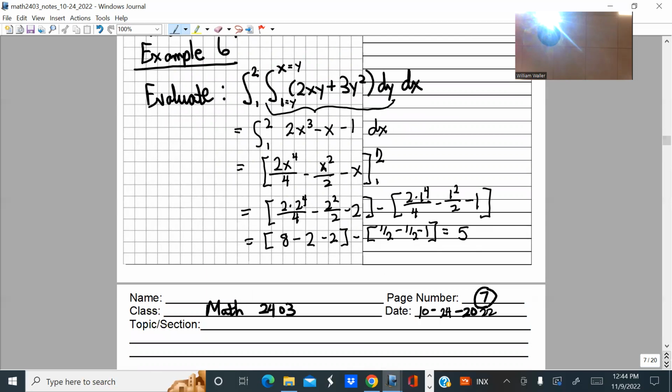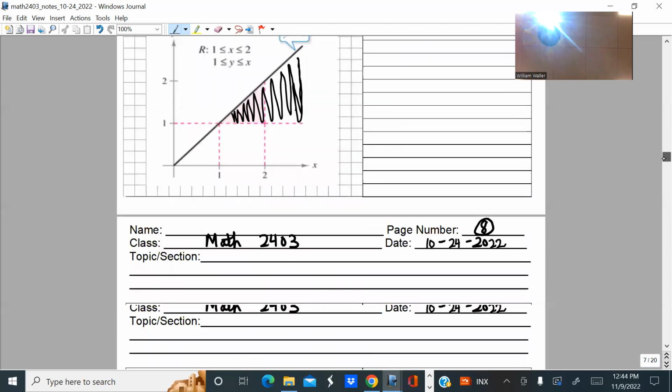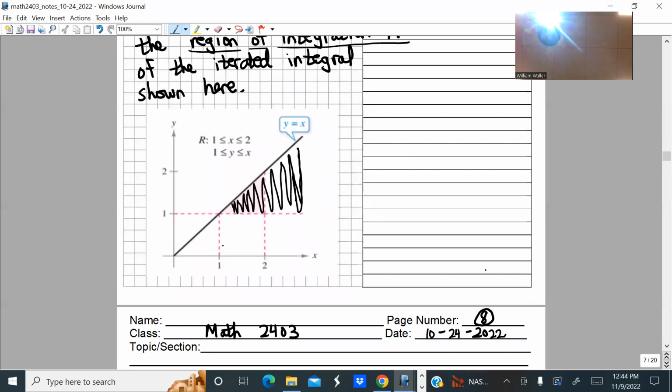So again, if you set up little miniature equations here, x equals 2 and x equals 1, and graph them in the xy plane, there's the line x equals 1, and there's the line x equals 2. So in other words, x has to always fall between 1 and 2.